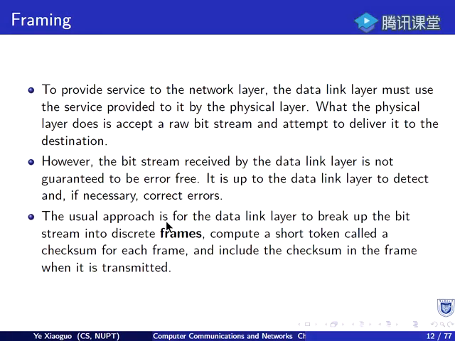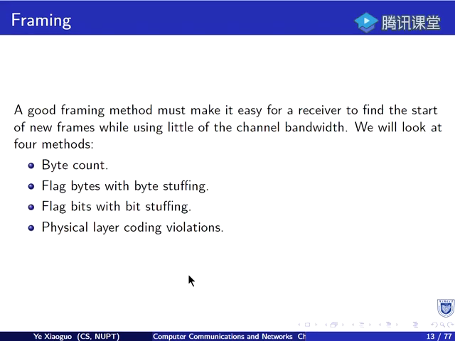So the approach is for the data link layer to break up the bit stream into discrete frames, compute a short token called a checksum for each frame, and include the checksum in the frame when it is transmitted. So the framing mechanism is a key mechanism for the data link layer.